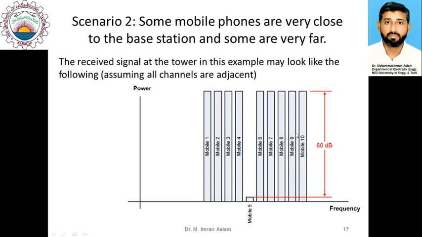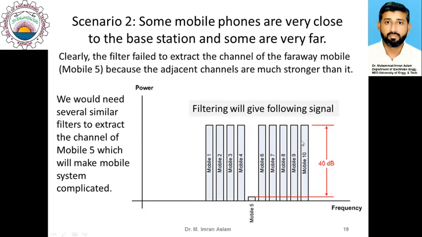Even if we reduce them by 20 dB, these powers will still be 40 dB higher than mobile number 5. So the mobile number 5 signal would not be extracted, or would have a significant amount of interference coming from all other signals.